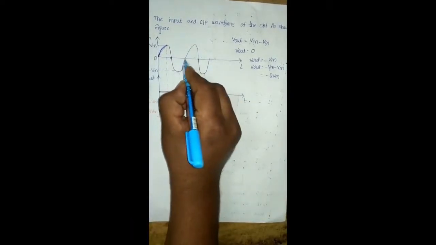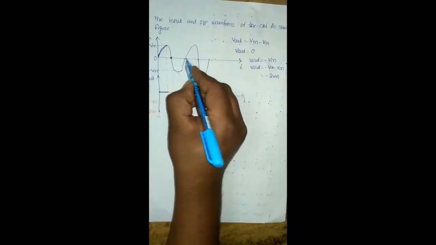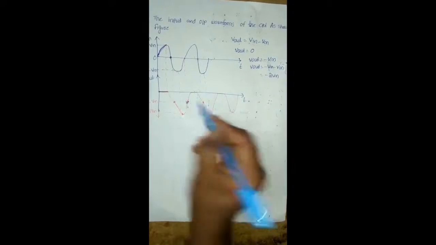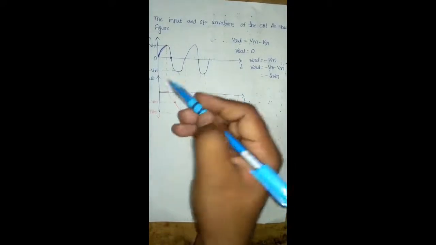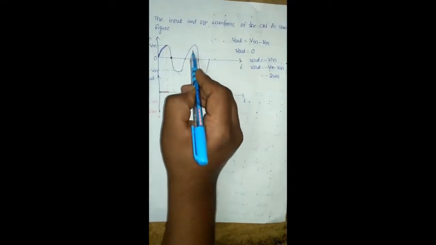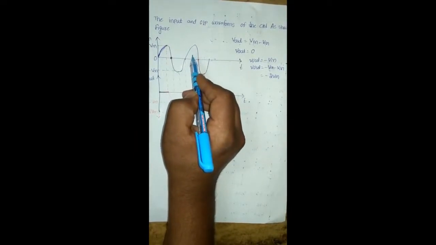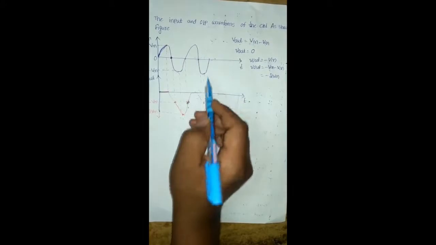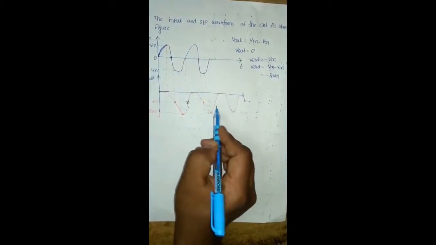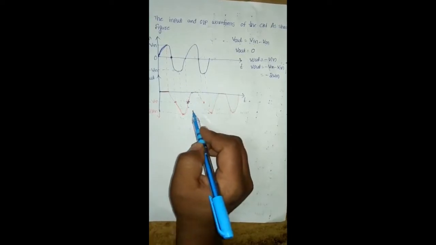And at this instant the input voltage equal to 0, then we will get the output voltage equal to minus Vm. Okay, and again during the positive half cycle of the input signal the diode is on, and again the output voltage equal to 0.